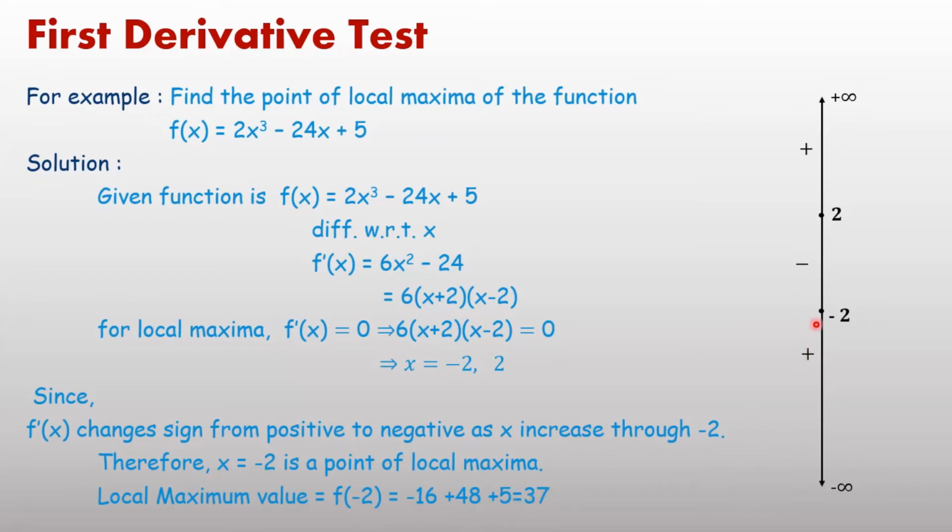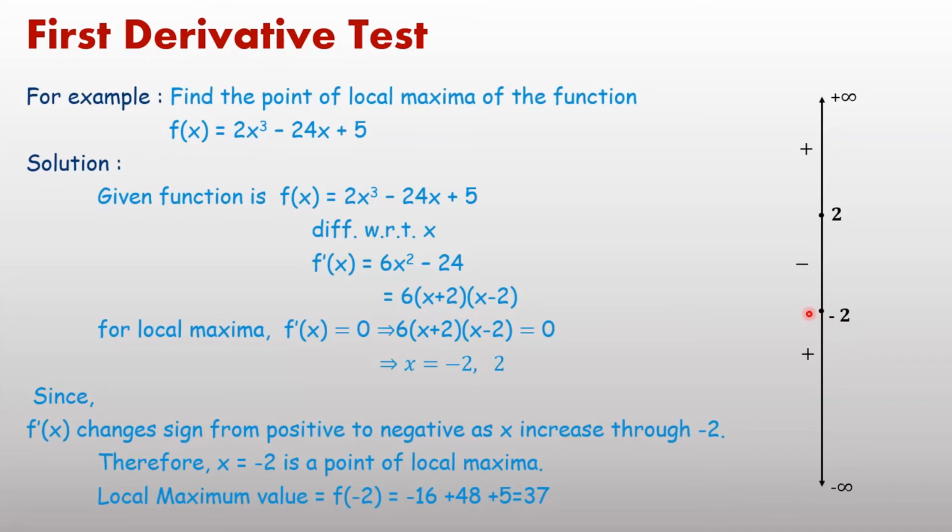I hope the steps are clear. Step first, write down the function, differentiate, then use the concept f'(x) equal to 0, and find the values of x. Mention both points here, minus 2 and plus 2. At minus 2, f'(x) changes sign from positive to negative; at 2 you can observe negative to positive, as x increases from minus infinity to plus infinity. So just before minus 2 it is positive, and after minus 2 negative, and at x equal to minus 2 the value of f'(x) is 0.